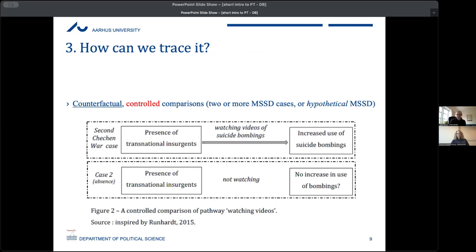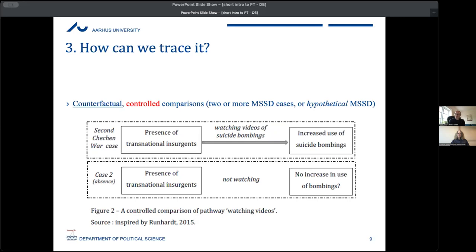We have a colleague and a friend, Rosa Runhard, who has done quite a lot of thinking about counterfactual process tracing and what this can look like. As an example, she has an article, a while ago now, where she puts forward that, let's say we want to investigate a process about how transnational insurgents teach local insurgents how to use a particular tactic, here suicide bombing.